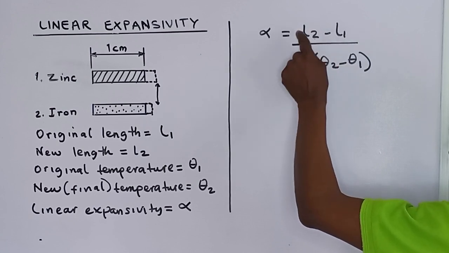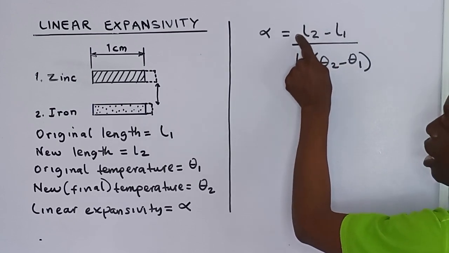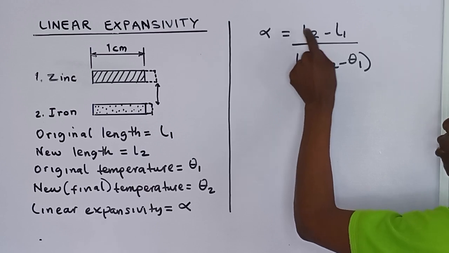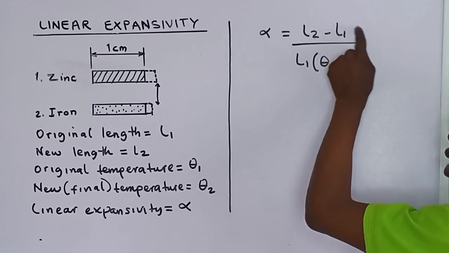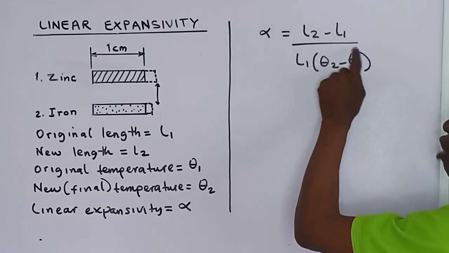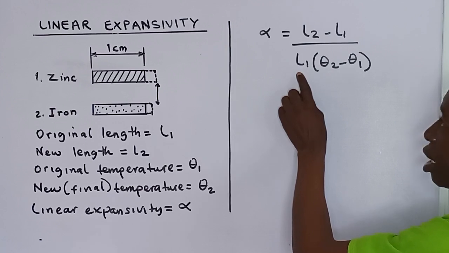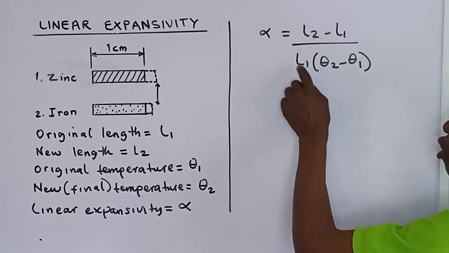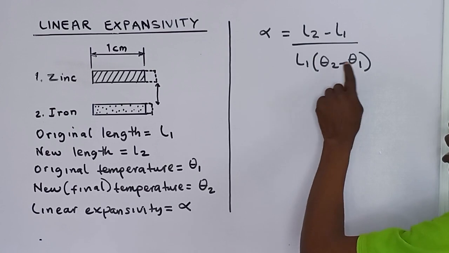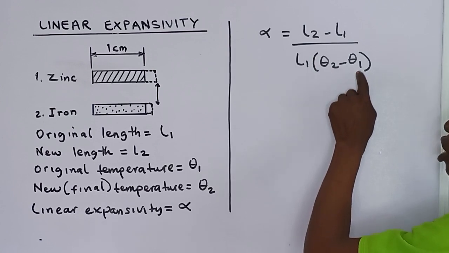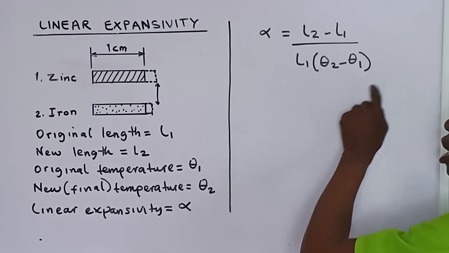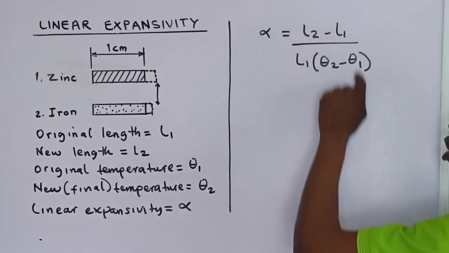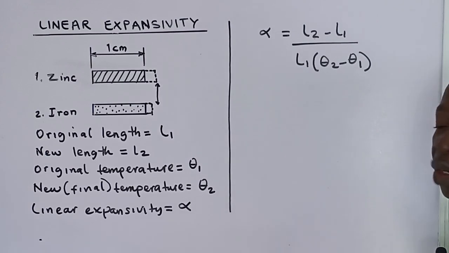When you find the difference between the new length and original length, which is L2 minus L1, you now divide that by the original length multiplied by the difference between the initial temperature and the final temperature. When you do all this calculation, you have what is called the linear expansivity.